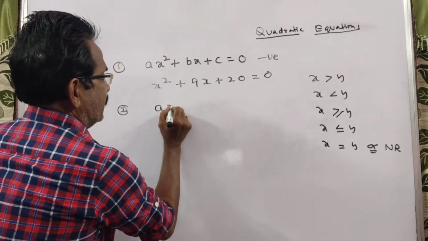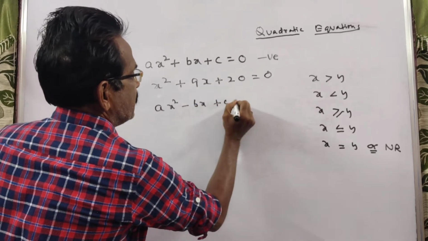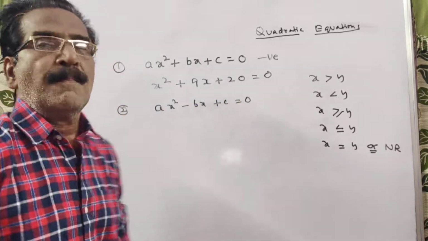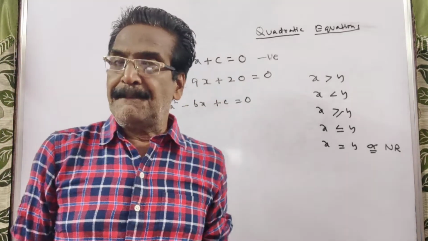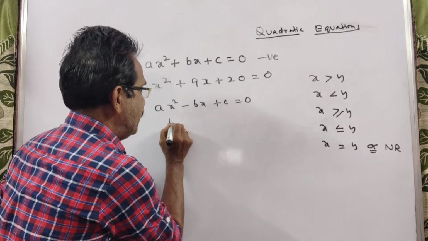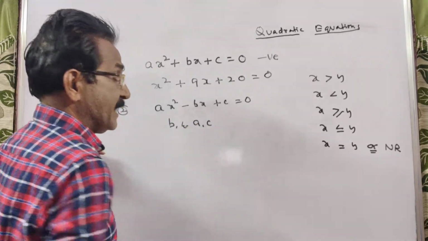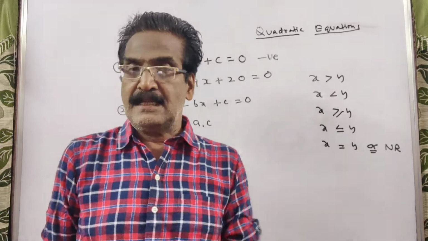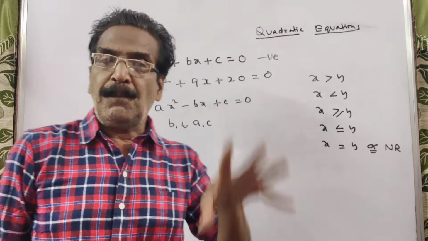See, if the equation is like this, ax square minus bx plus c is equal to 0, that is, b and ac have opposite signs. Here b is negative, a and c are positive.